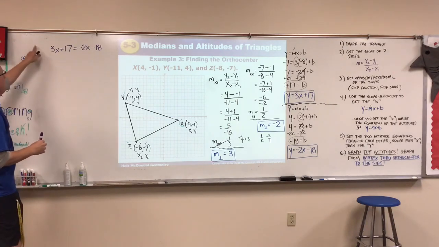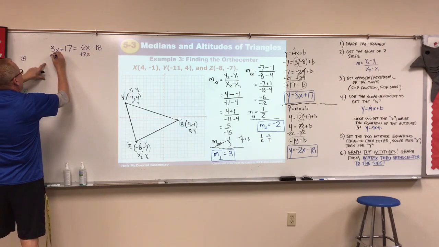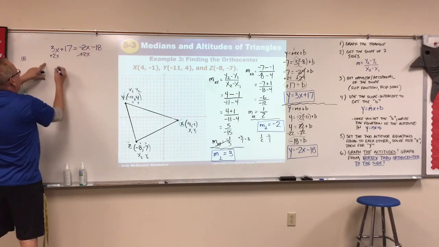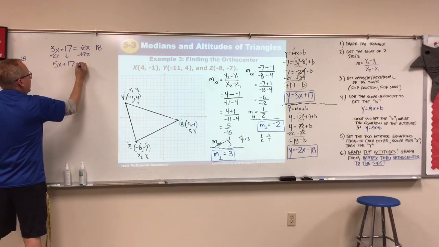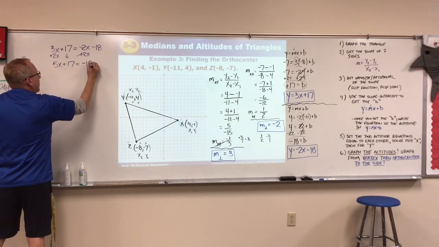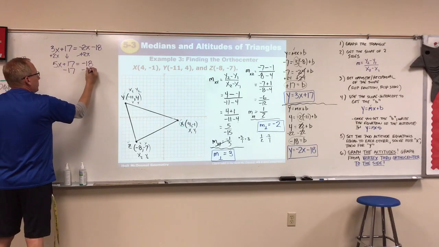All right, so I'm going to get the x's to one side. I'm going to add 2x to both sides. Cancel, cancel. 3x plus 2x is 5x plus 17 equals negative 18. I am going to subtract 17 from both sides.